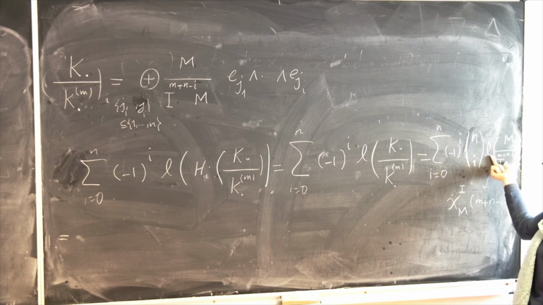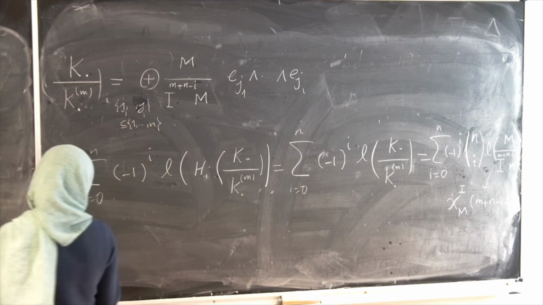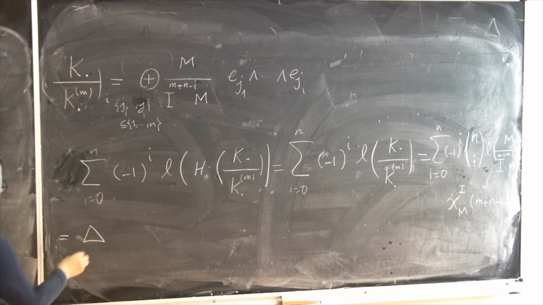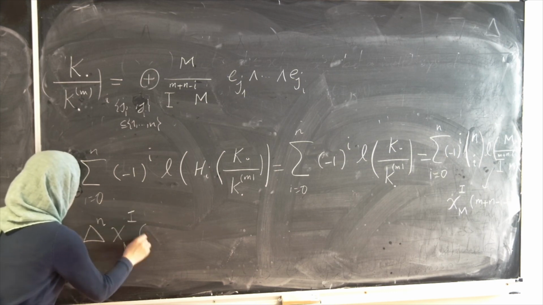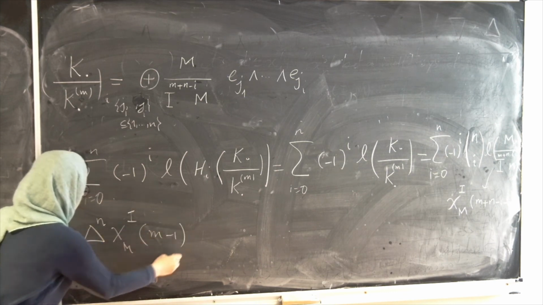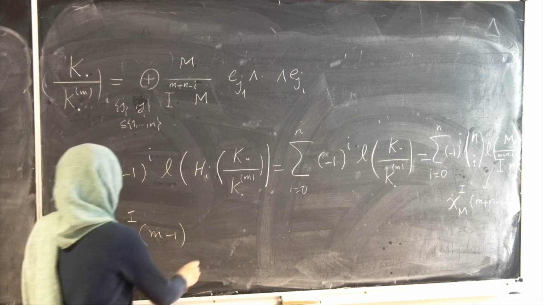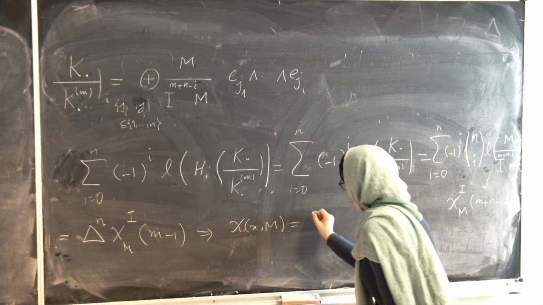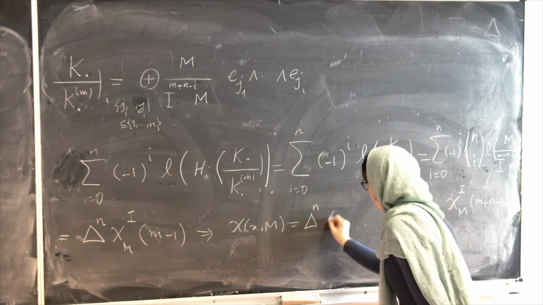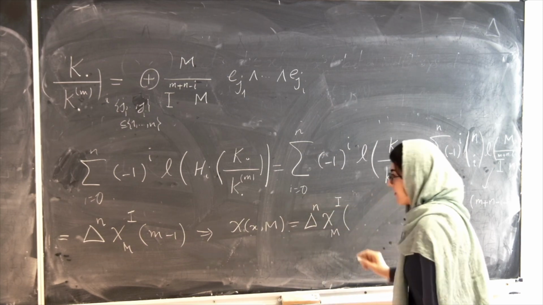So if I consider this as this function, this sum is just the difference operator Δ^n acting on the Hilbert-Samuel function at m-1. So we could explain the Euler characteristic in terms of this function.